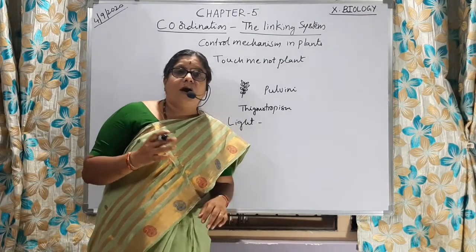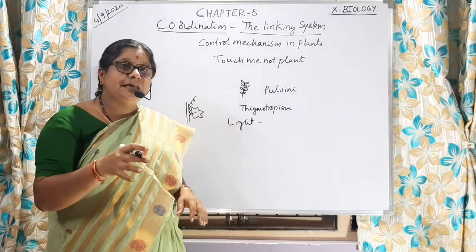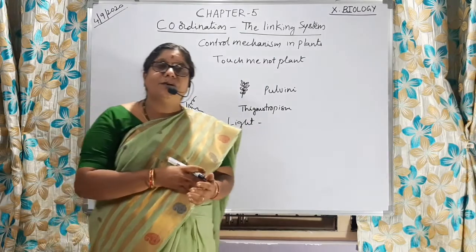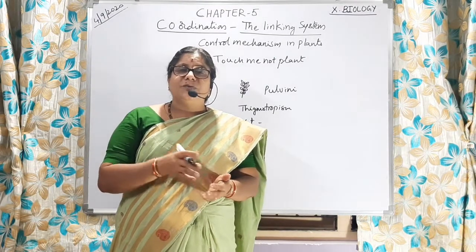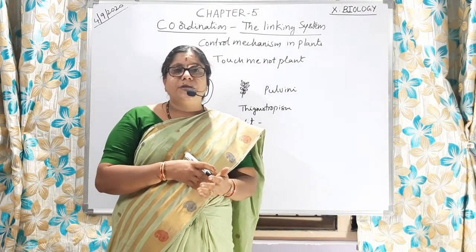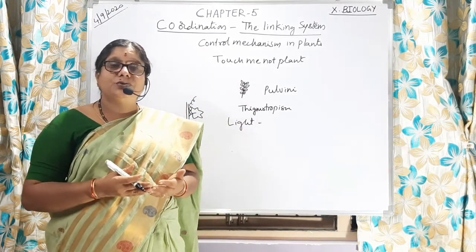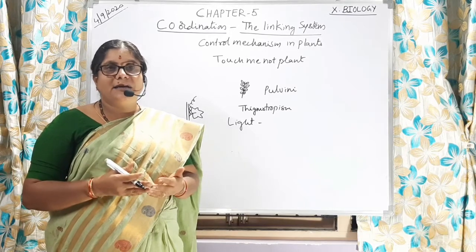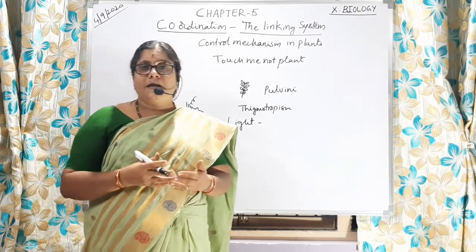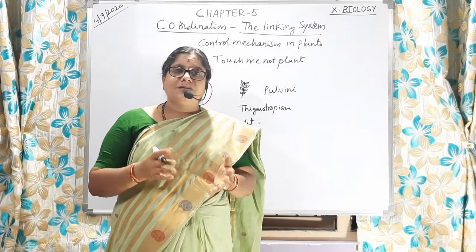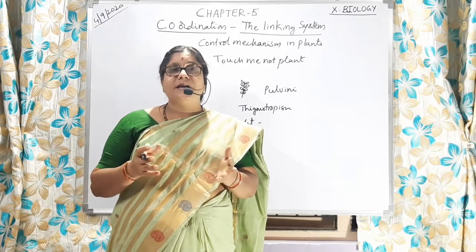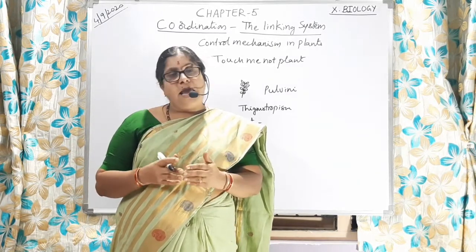Now we are going to understand how plants respond to different kinds of stimuli. Before that, you know that plants and animals are living organisms, and an important characteristic is showing response to stimuli. These responses are different in plants and animals.